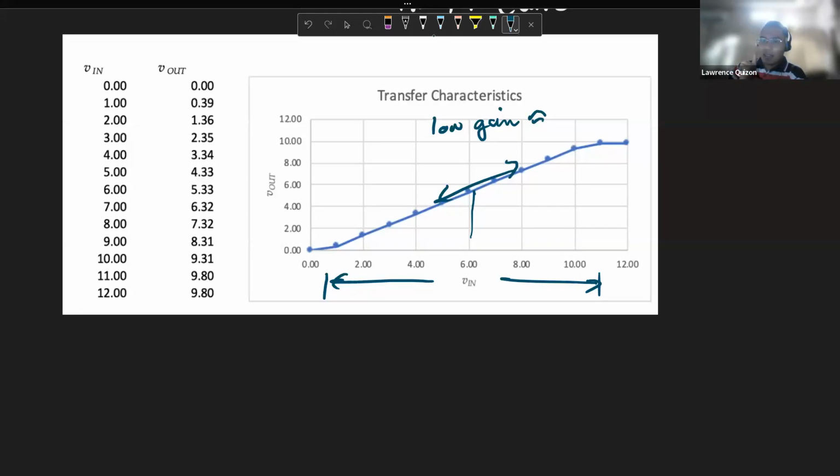Ano yung gain nung circuit na to? One. It's close to one. So actually, another name for a common collector, no?